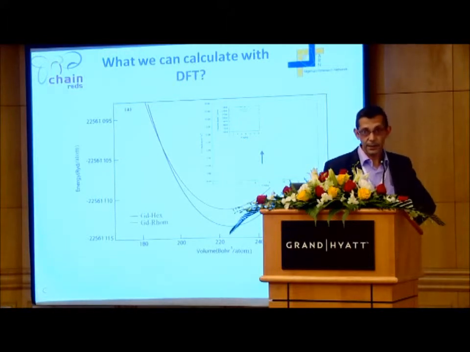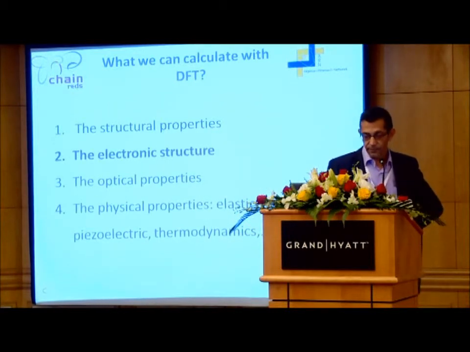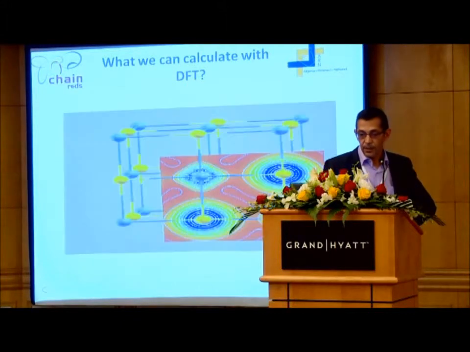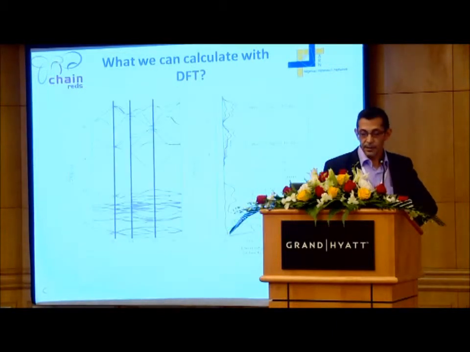We find the optimized cell parameter, and we can find the pressure of the phase change. We can calculate the electronic structure of materials: the electronic density, the band structure and the density of states. With this, we can find the nature and the energy of bonding in materials.